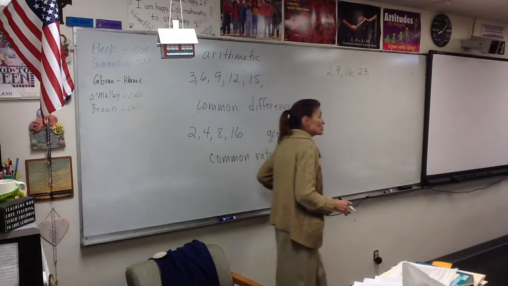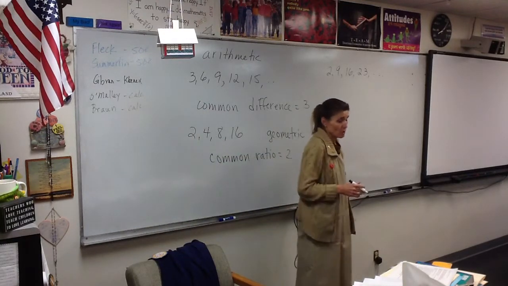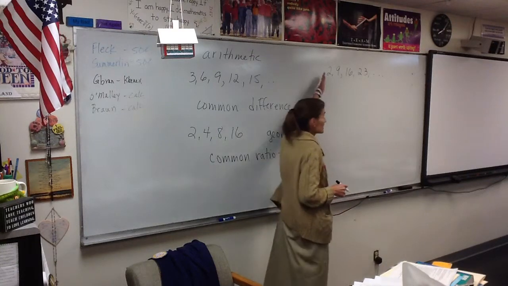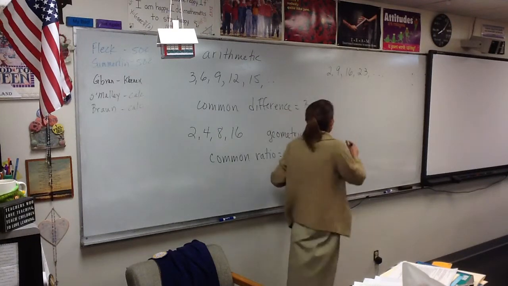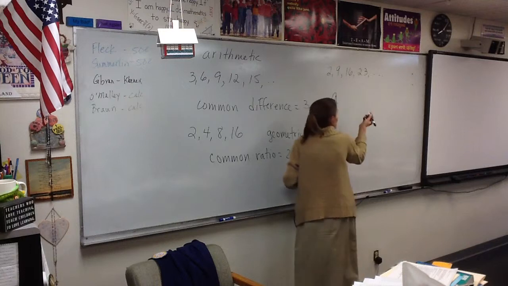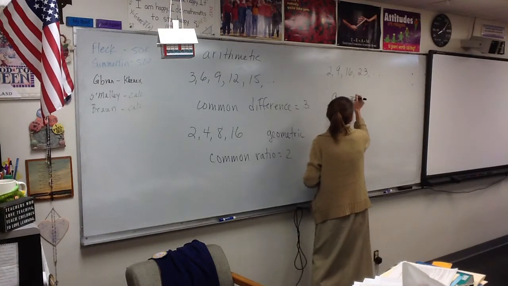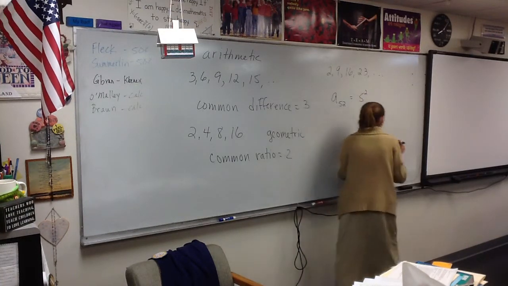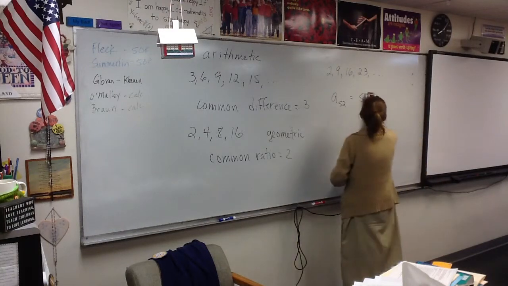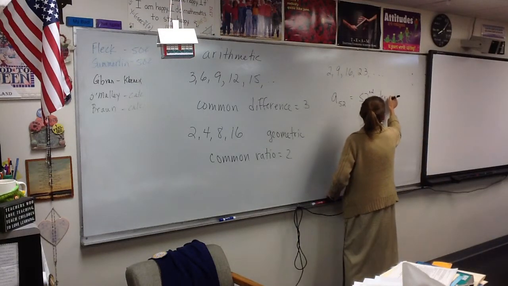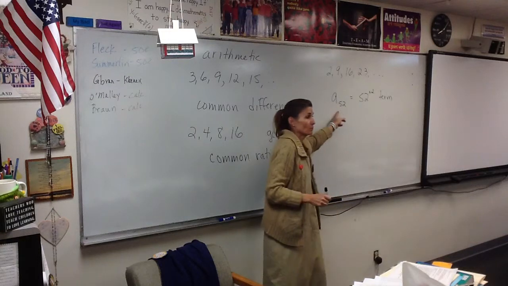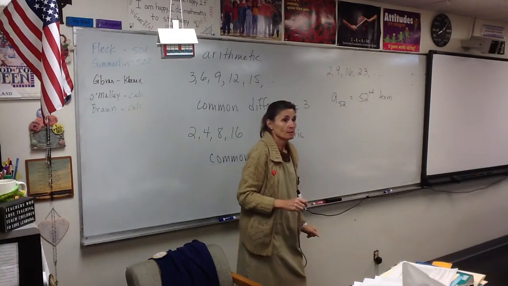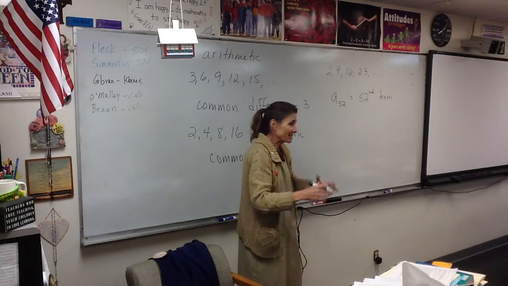Now, one of your jobs is going to be to take a sequence like this and to find the 52nd term. The notation we use for that is A sub 52. That means the 52nd term.